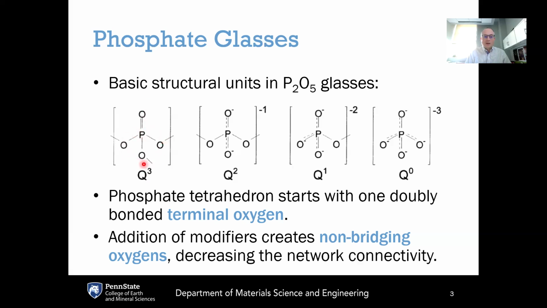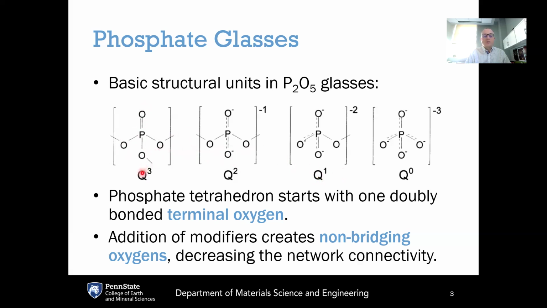So do these phosphate tetrahedra obey Zachariasen's rules? In fact, they do, because we are forming a tetrahedral unit, and at least 3 corners of the tetrahedra are shared. And so that satisfies Zachariasen's rules. And when we start to add modifiers, then we create non-bridging oxygens on these phosphate units.